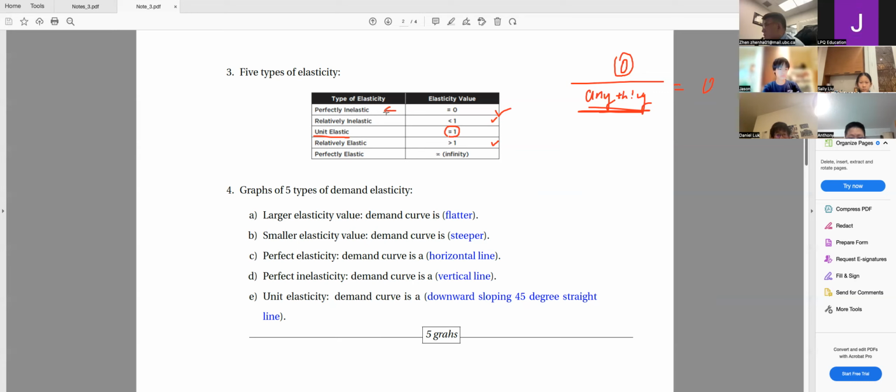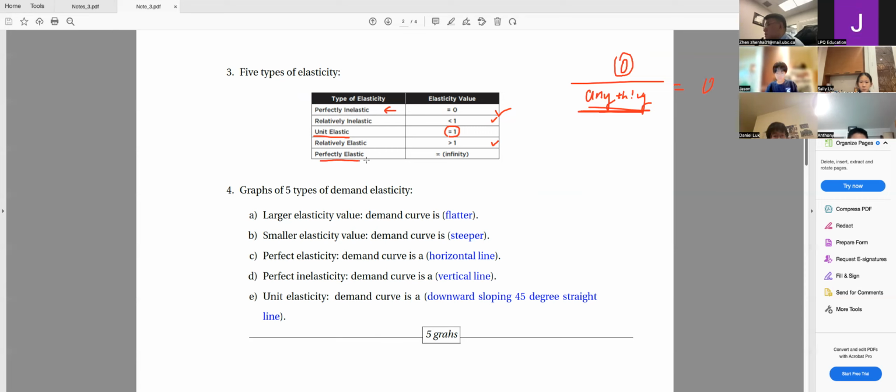They extremely don't care about price change. So this is called perfectly inelastic. Professionally speaking, we say the demand curve now is a perfectly inelastic demand curve.